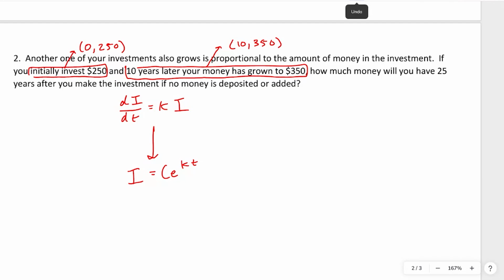We also noticed that the C value is the initial investment, because if t is 0, this equals 1, and so it's just 1 times C. So what's the C value? 250. Okay, that's right here. This is the C value.